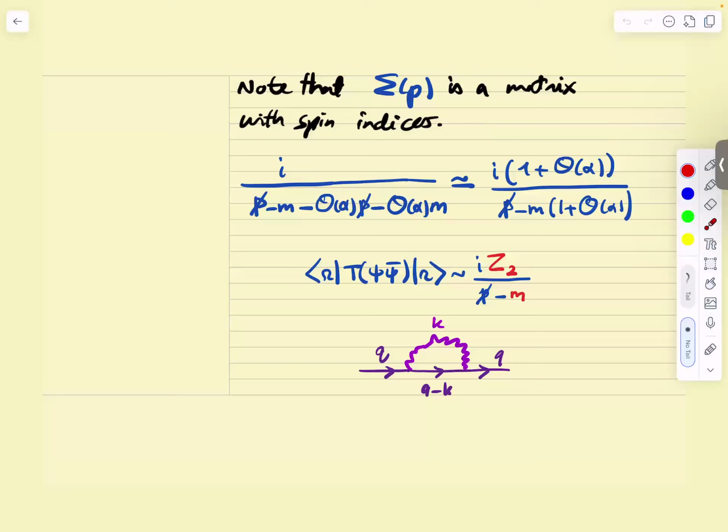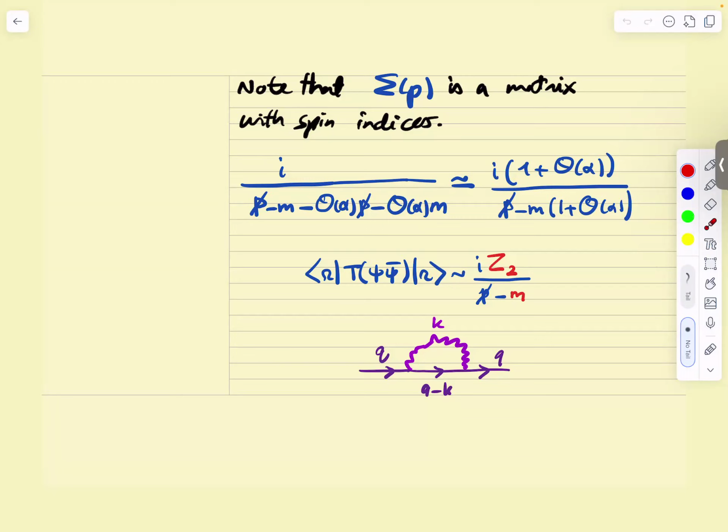And this is supposed to be the 2-point function, the propagator, well, after Fourier transform, actually. This is supposed to be this guy. There is also room for some overall constant here, Z2.